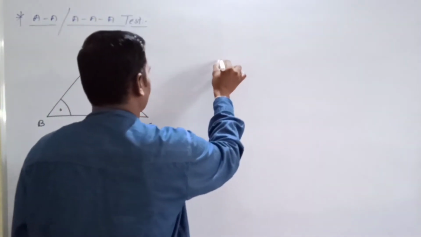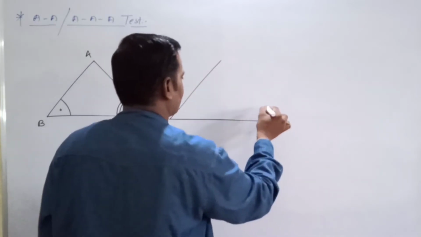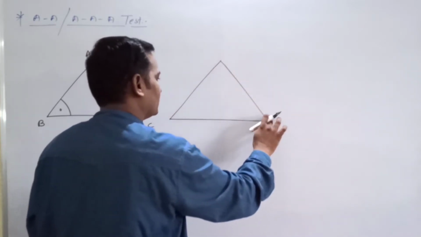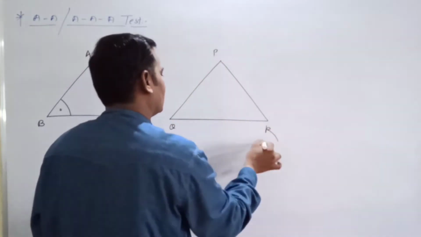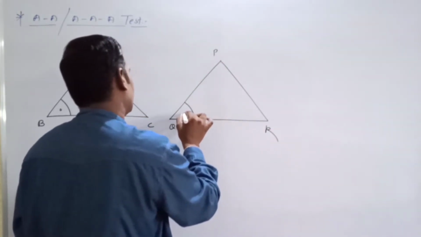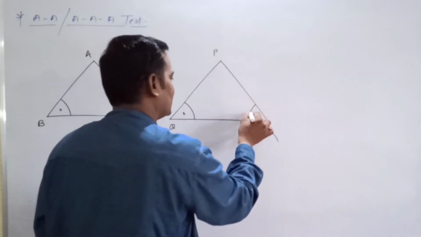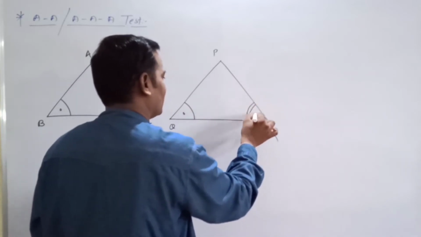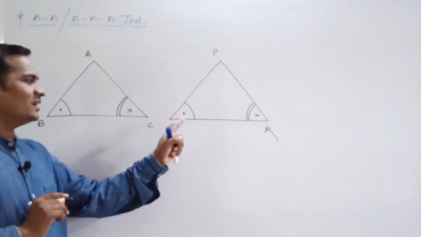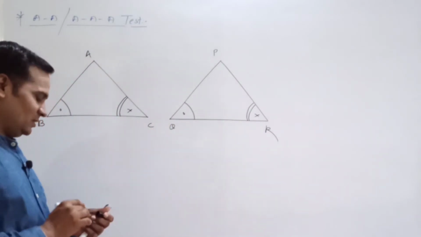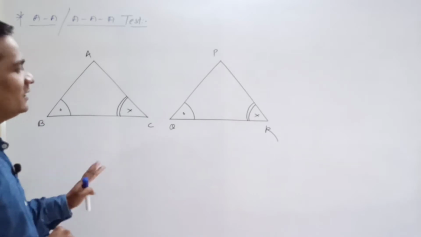Now another triangle, suppose PQR, and in that PQR, look at these signs over here, and these signs indicate that these angles are congruent to each other. So what is the angle angle test?